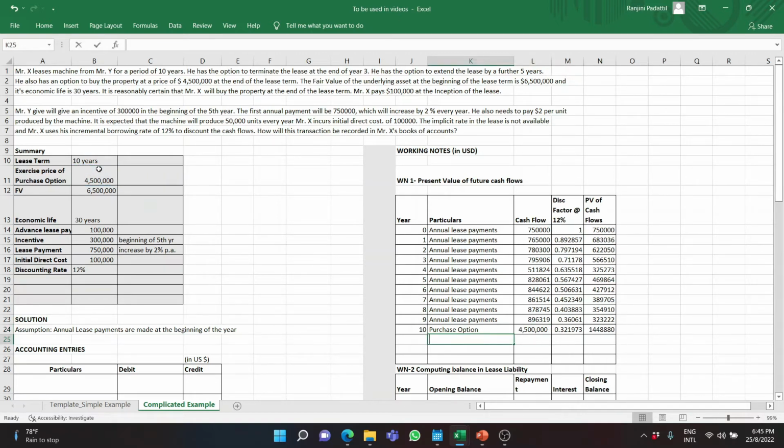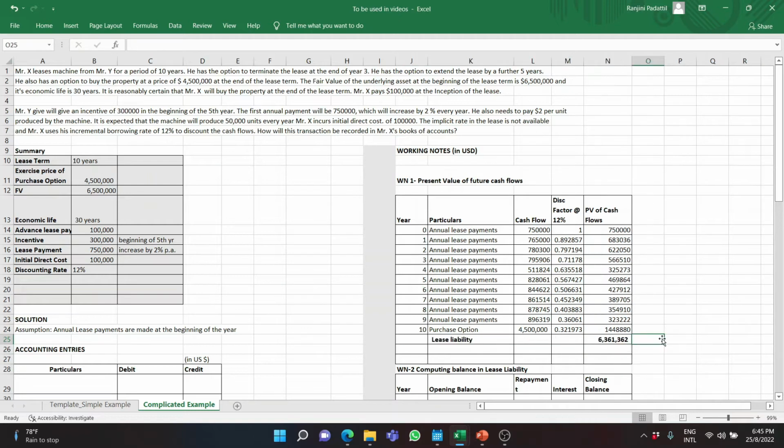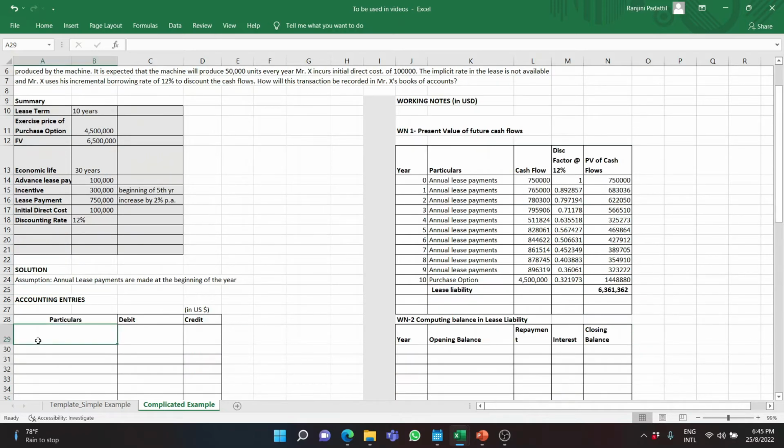So, what is the lease liability? The lease liability comes to 6,361,362.